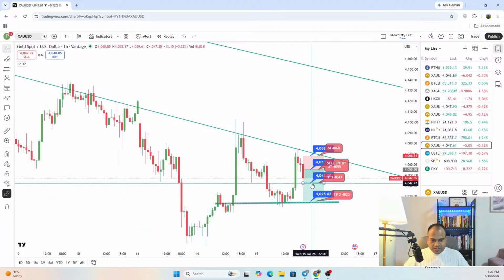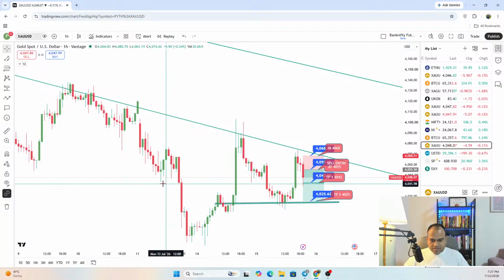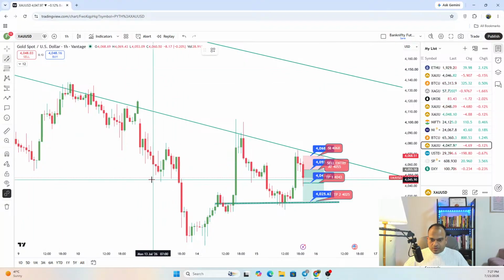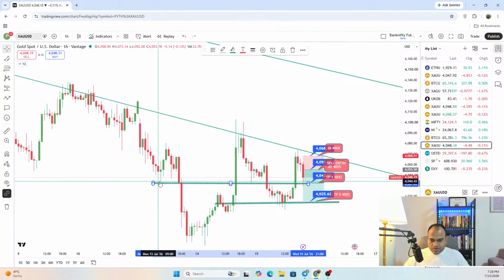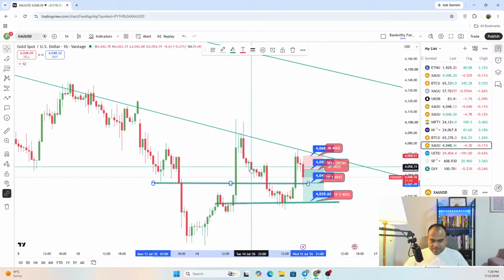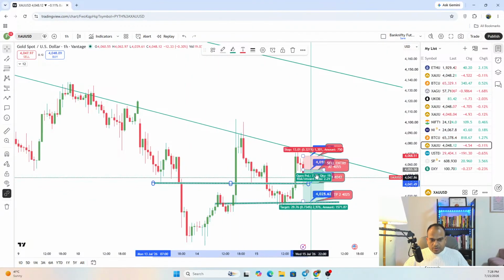The reason behind TP1 here is that I could see some liquidity in this zone. You see here one tap, and this candle also closed in this area, also this candle. So it's all about liquidity.